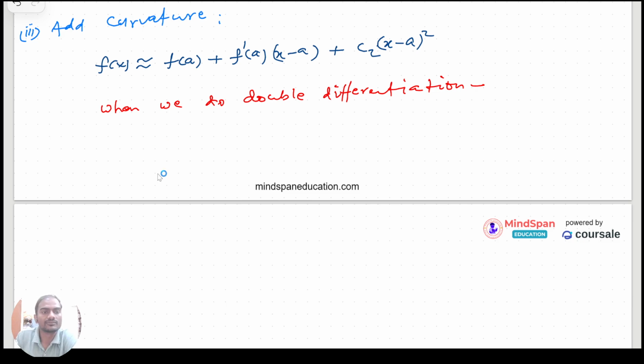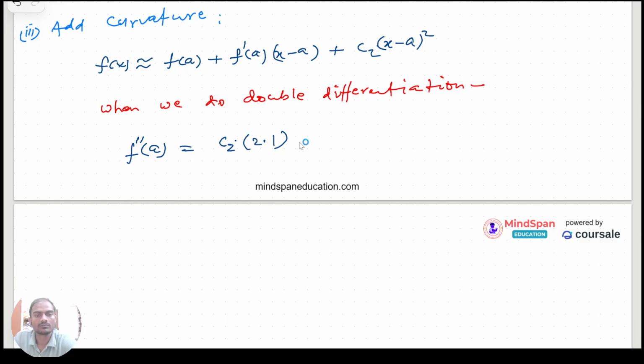So what will we be left with if we calculate the exact function at that point? f''(a) equals: this will vanish, this will also vanish since it has x raised to power 1. In the first derivative this becomes a constant, in the second derivative it becomes 0. So c2 remains, and the 2 comes out: first time 2 comes out, second time 1 comes out, so 2 into 1.